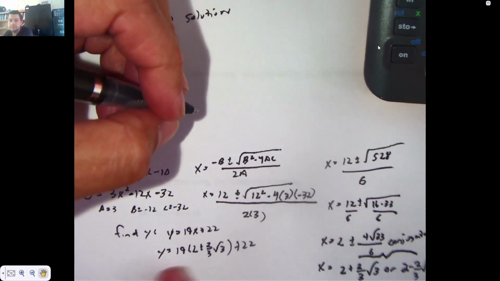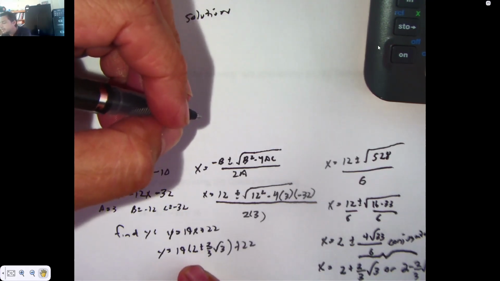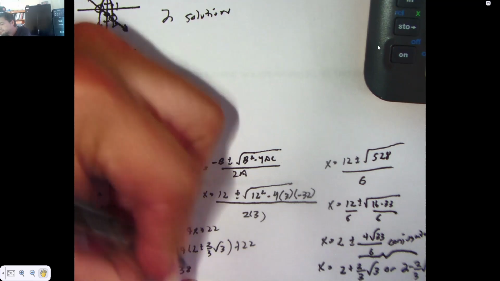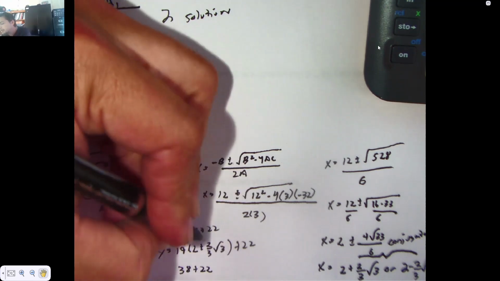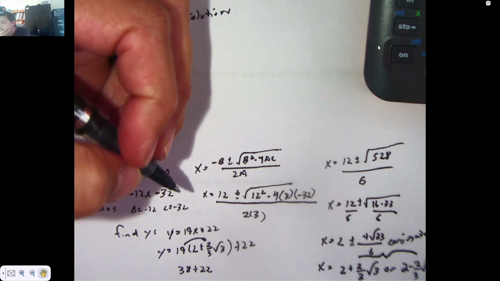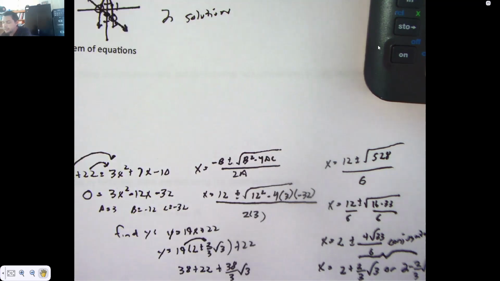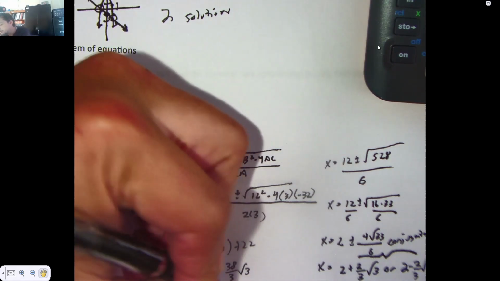It's kind of funny. 19 times 2 is 38. I've got that 22 I can work with. I'm going to put it right there. And when I do 19 times 2 over 3, I get 38 over 3 root 33. And if I put 38 and 22 together, what do I get? 60. So 60 plus 38 thirds root 33.